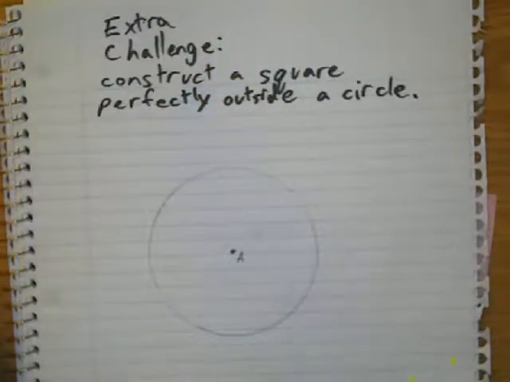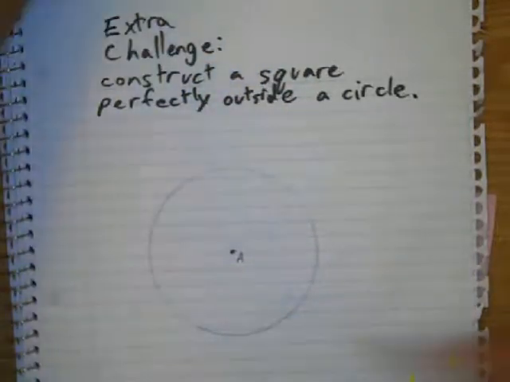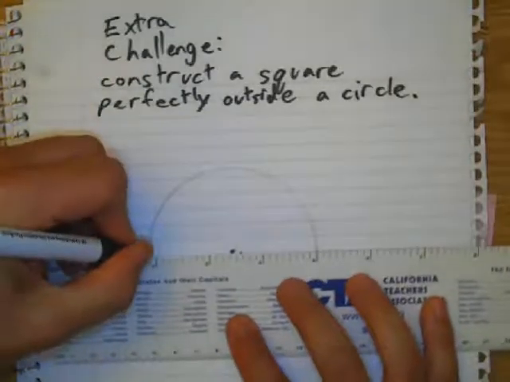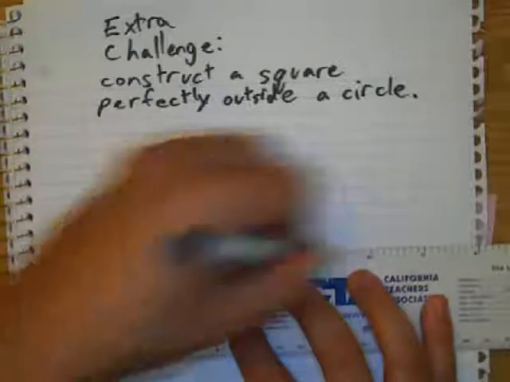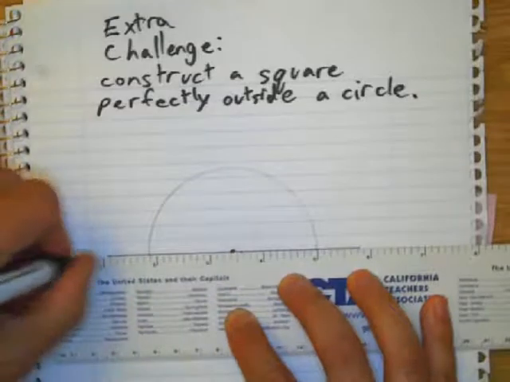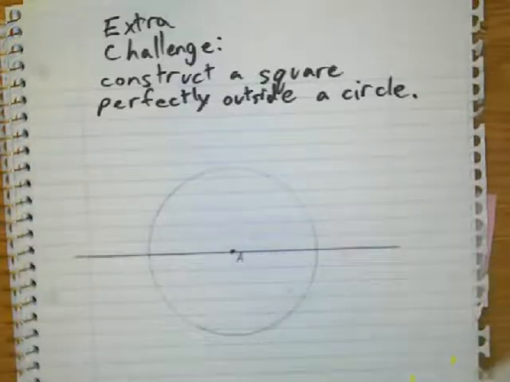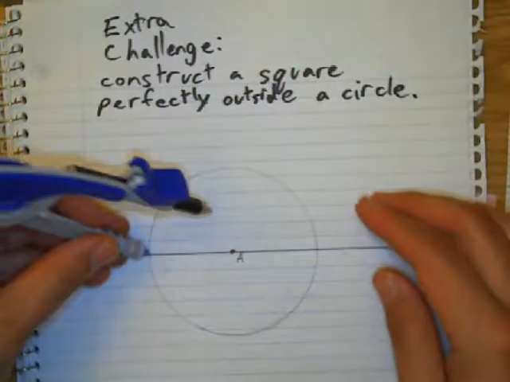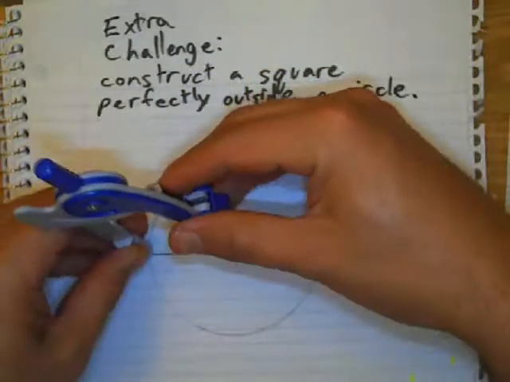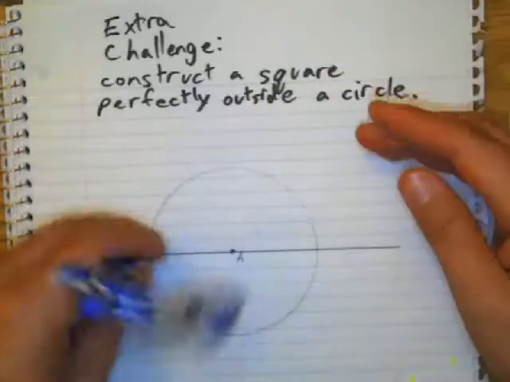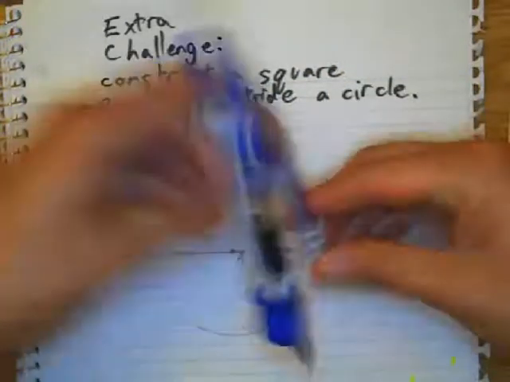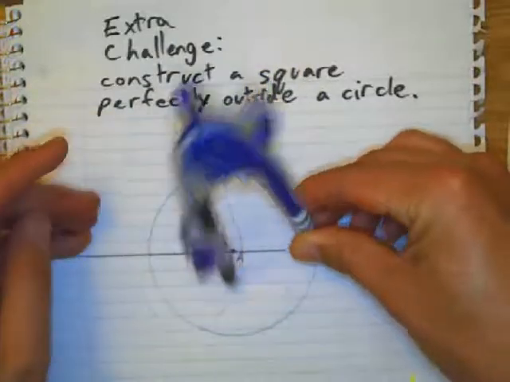Now I need a perpendicular line. Or let's just draw a line first. So I'm drawing a line right here. And I need to make a perpendicular line, so like we've done before, where the circle meets that line, I'm going to draw an arc, and right there, I'm going to draw an arc.